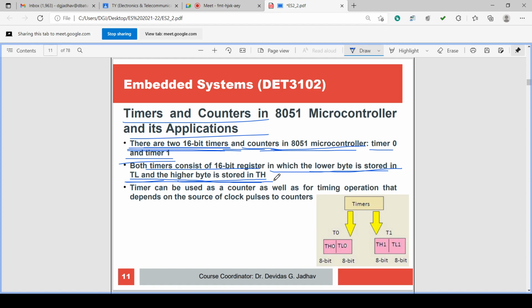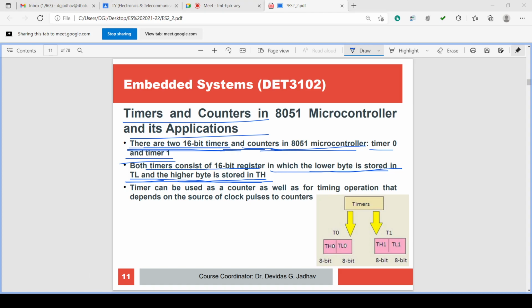Timer low, timer high. So these are the two 16-bit timers which are divided into 8 bits each as a low and high byte.